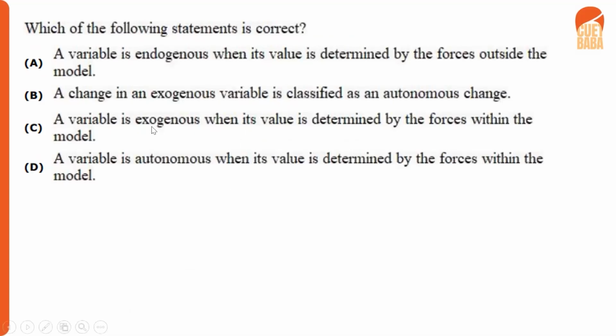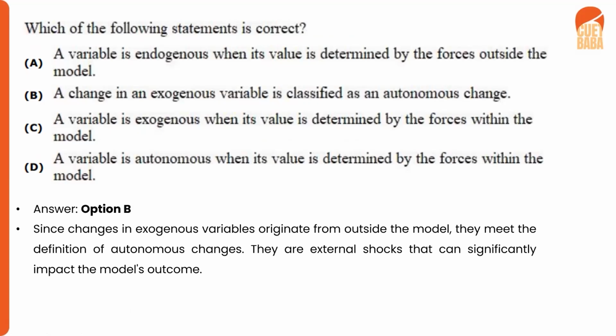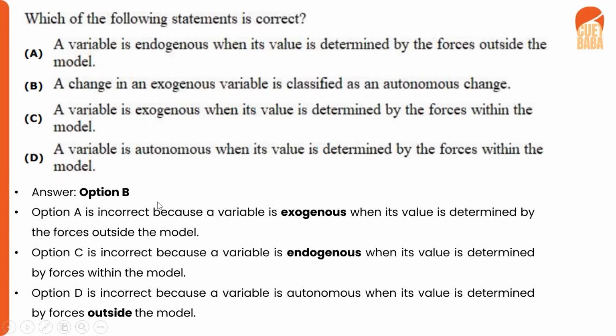Then we have: which of the following statements is correct? It's important to know what is wrong, only then can we say which of these is correct. So we'll bifurcate each of the options and look into the answer later. Option A says a variable is endogenous when its value is determined by forces outside the model. That is a wrong option, because endogenous can never be forces outside the model.